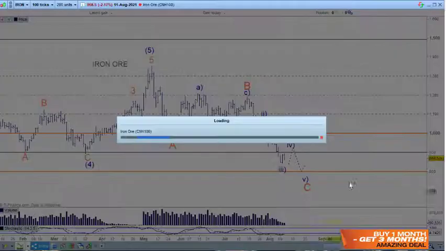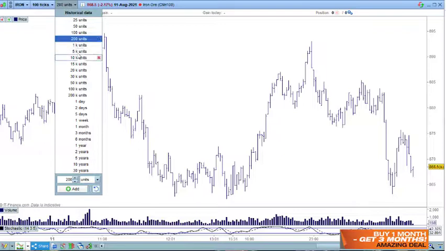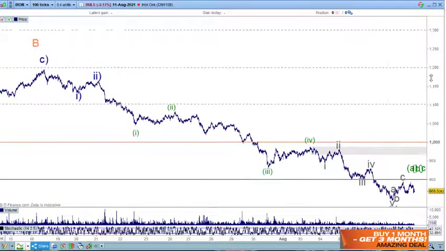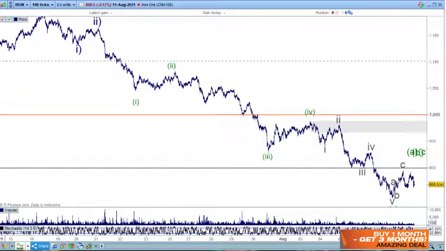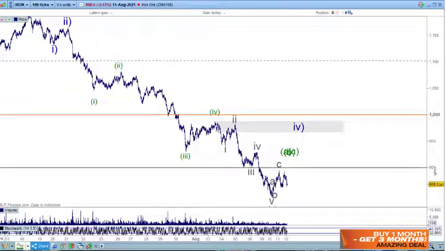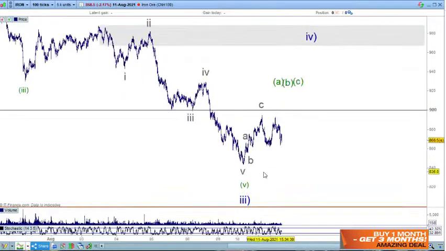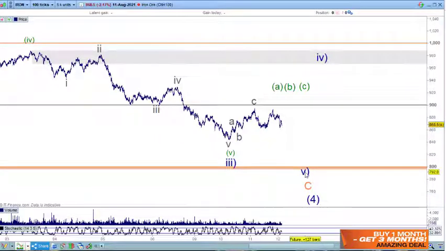Because I have adjusted it in a way, let's just bring in a little bit more data. From the B wave top, way up there, I've counted down as 1 and 2, and 1, 2, 3 and 4 here. And then from 4 as 1, 2, 3, 4, 5 here for wave 5 of 3. So we need an ABC for wave 4 before we have this low here.